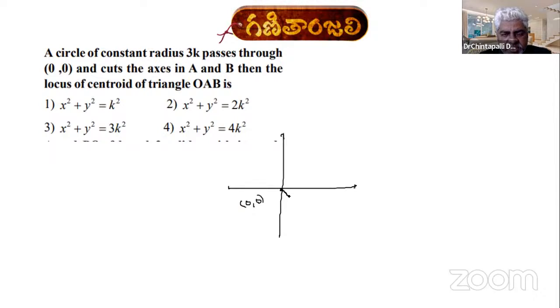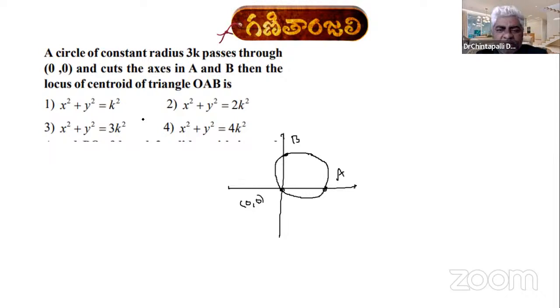A circle is passing through this point. Next, it cuts the axes at A and B. This is point A, this is point B. Got it? Then the locus of the centroid of triangle OAB.